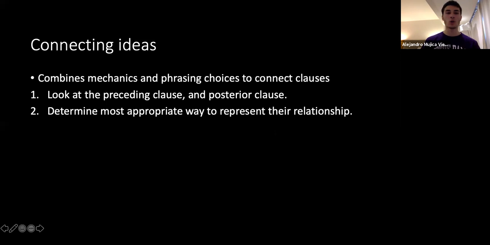So here it's also important to keep in mind how it would sound if you were reading it aloud, and just think about, is it an independent clause, is it a dependent clause, what's the relationship between them both, and how can I represent it accurately?